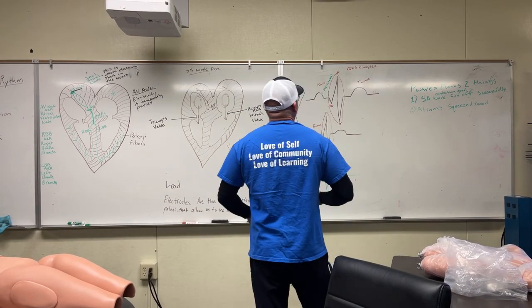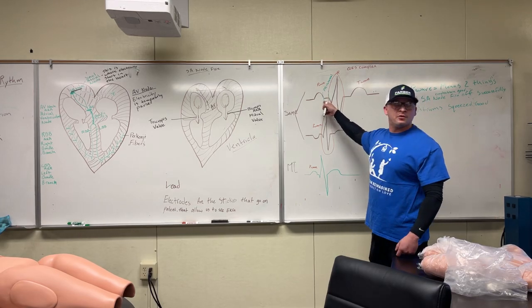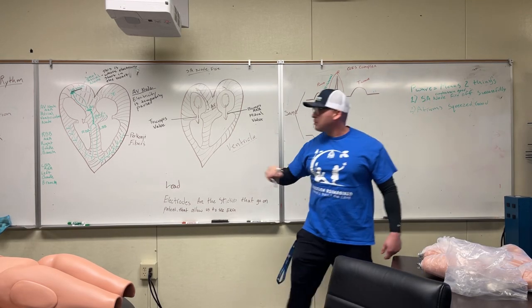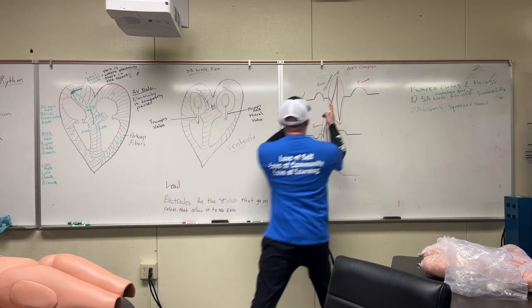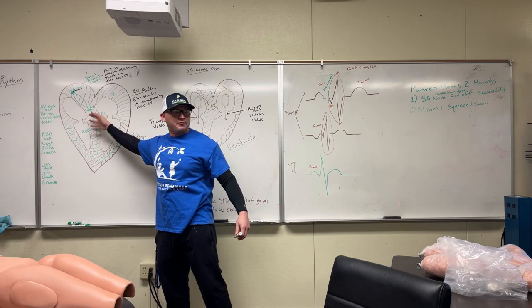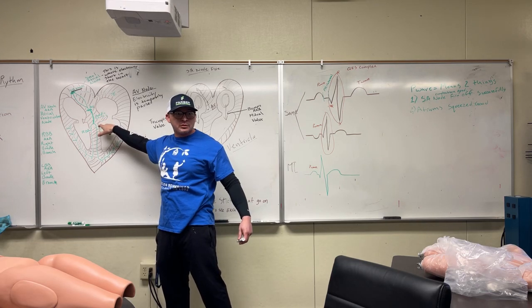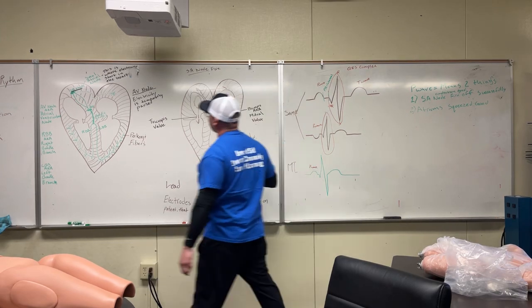All right, so the QRS, okay, this line, the PR interval is this. The PR interval is there's a pause. Remember how we have to have a pause before the electricity goes down to the ventricles? So that PR interval is that pause. So I would make another note.